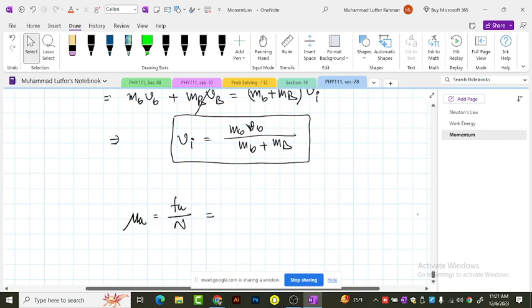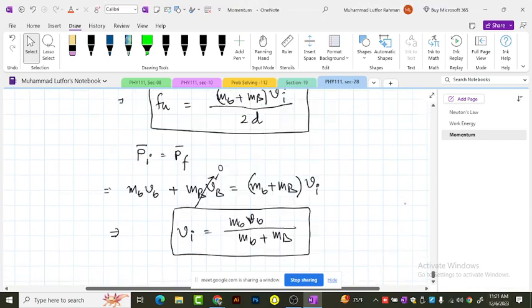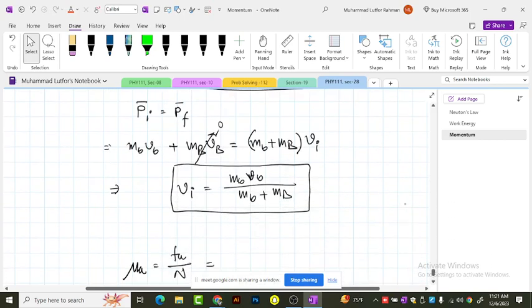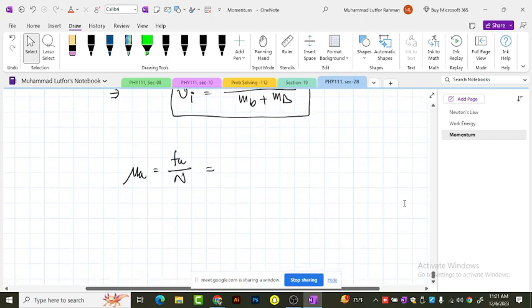So, or I can write it down. This would be Fk, actually, that part which is this one I'm writing for you. So this is going to be half of mb plus mb times Vi squared.